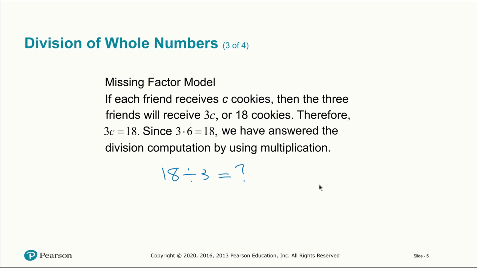So we'll just call that number something like C. We say 18 divided by 3 is equal to C if and only if 3 times C is equal to 18. So we ask ourselves 3 times what number gives us 18, and of course we know that that number would have to be 6. Somewhat more abstract than the set model, but still easy to grasp.